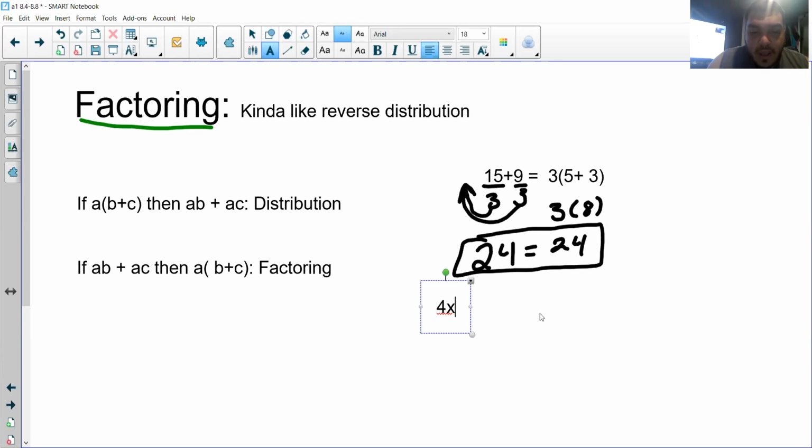Let's go 4x to the second power plus 10x. Let's say equals, let's not equal 0. Let's just say this for now. So we got 4x to the second power plus 10x.